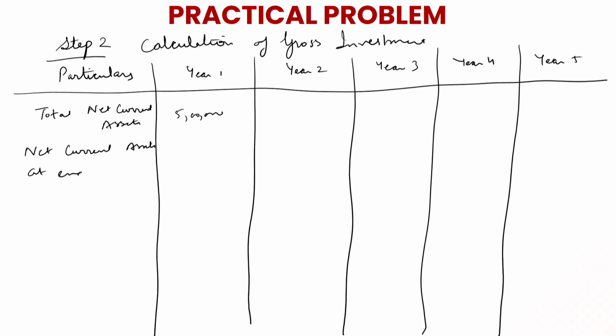Then we take net current assets at end of previous year, that was 5 lakh rupees. This total net current assets is 10% of the fixed assets of the given year, which is given in the information also. So I'm taking that 10% and then adding up the last year figure. There is no further investment given.